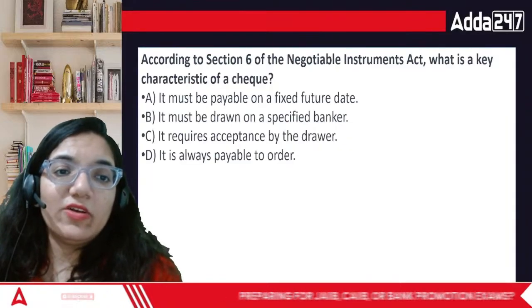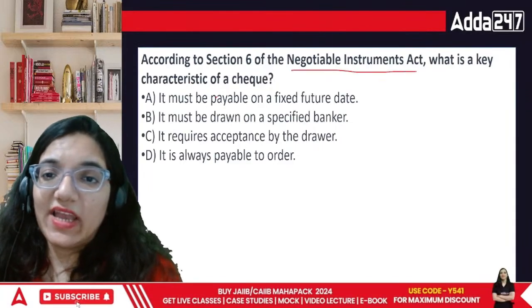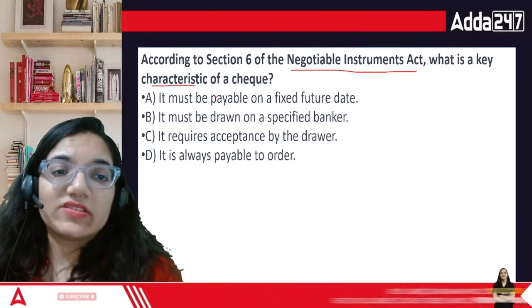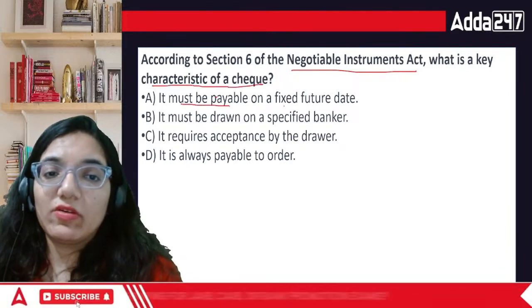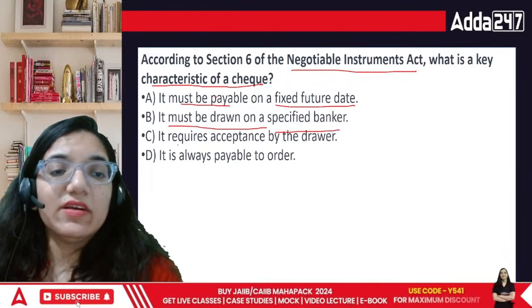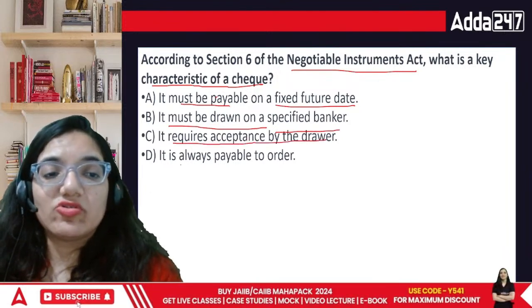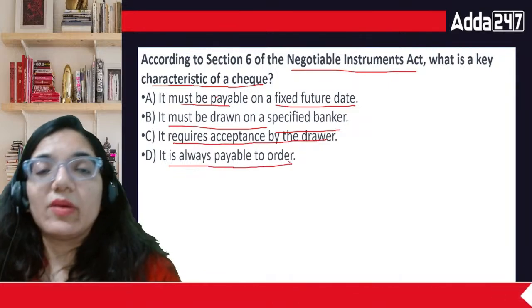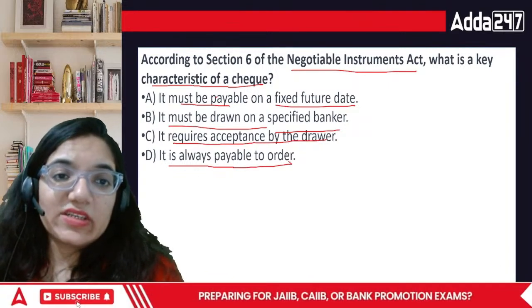Let's go on. According to section 6 of the Negotiable Instrument Act, what is the key characteristic of a check? It must be payable on a fixed future date. It must be drawn on a specified banker. It requires acceptance by the drawer. It is always payable to order. Now in this case, what's the answer?